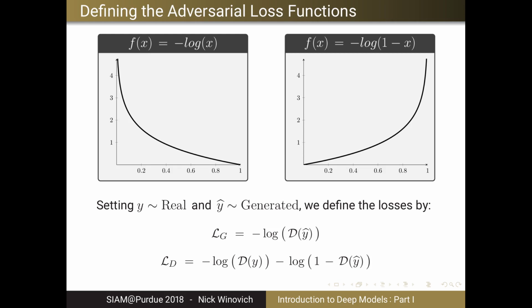Here we can see the functions do exactly what I've described in the previous 2 bullet points. The generative loss takes its minimum, looking at this graph, when the value of the discriminator on the generated data is equal to 1. The discriminator thinks that it's real. And the discriminator loss has 2 components. One, how does it handle the true data? This says the true data should also be set to 1.